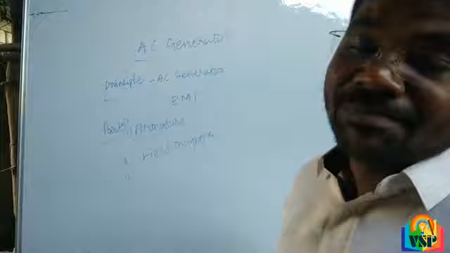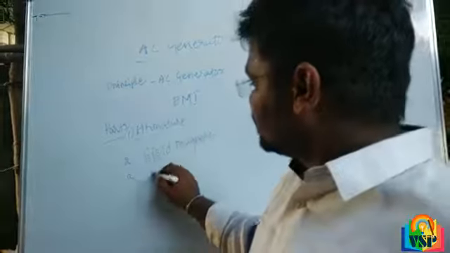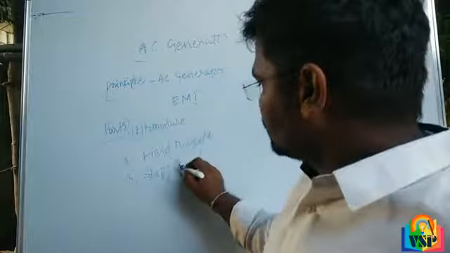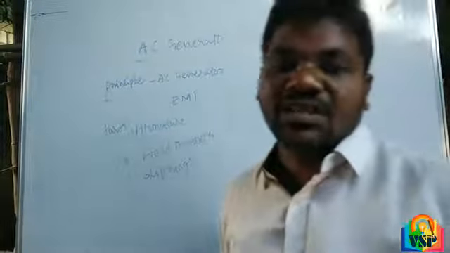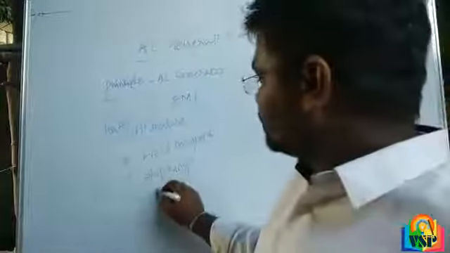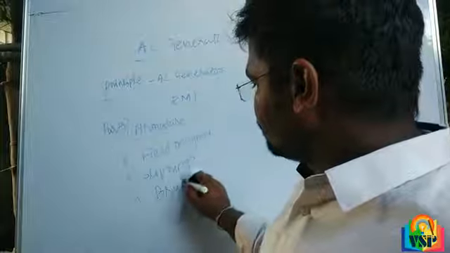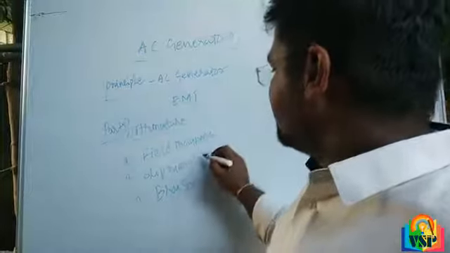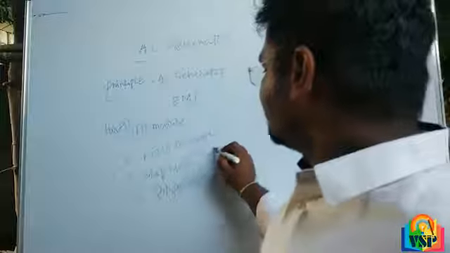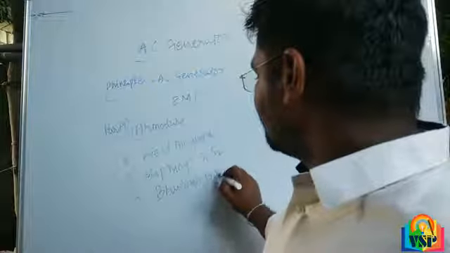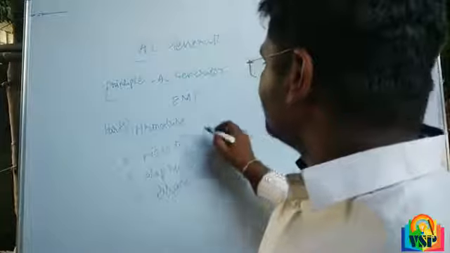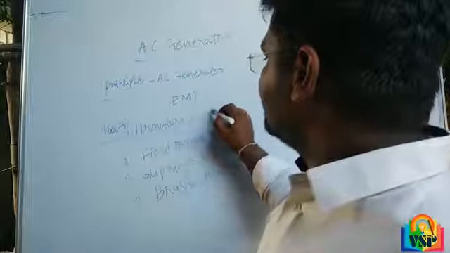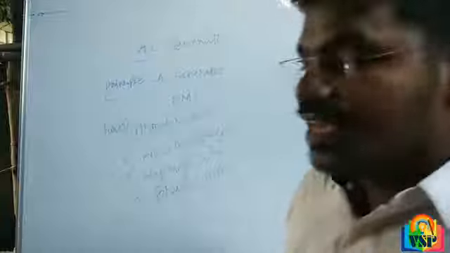Third, slip rings. Fourth, brushes. Here slip rings S1 and S2, brushes B1 and B2. Here field magnet north and south. Here armature ABCD, a rectangular coil.